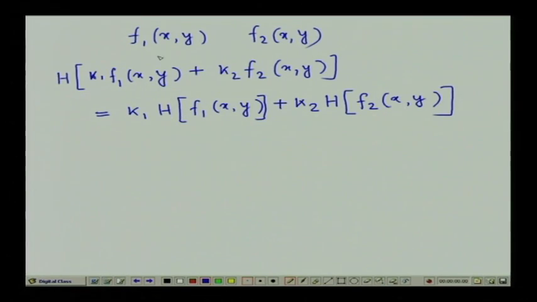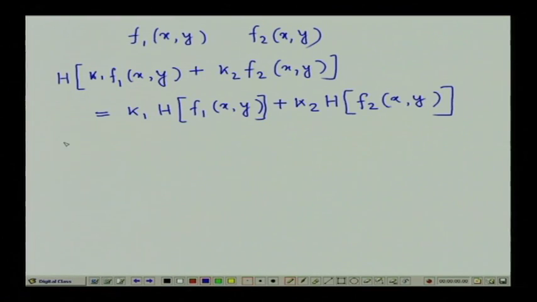So, if for these two functions f1(x,y) and f2(x,y), and for these two constants k1 and k2, this particular relation is true, that is H[k1 f1(x,y) plus k2 f2(x,y)] is equal to k1 H[f1(x,y)] plus k2 H[f2(x,y)], then the operator H is said to be a linear operator.